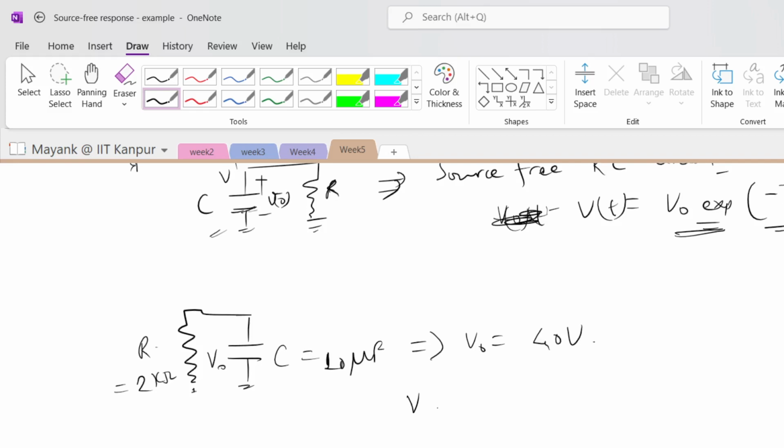So V of t will be equal to 40 times exponential of minus t by 2 kilo ohms times 10 microfarad, right? So 2 kilo times 10 micro, what is the value? It's 20 milli, right? So it becomes 40 exponential of minus t by 20 milli, isn't it?